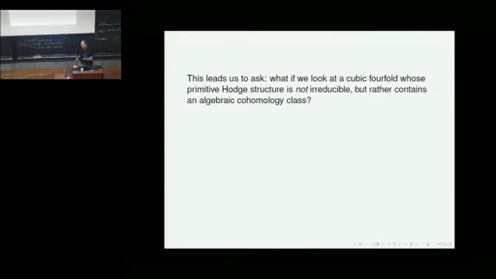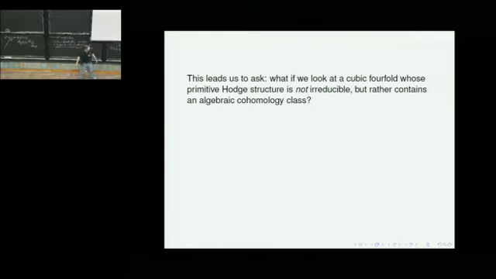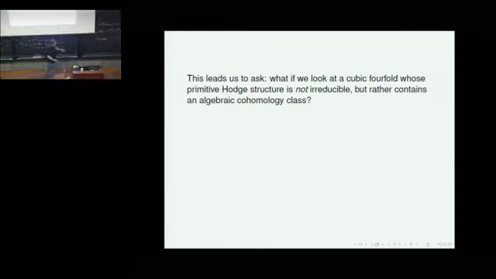But then we could ask, because Voisin assures us that all Hodge structures occur with this lattice, are there in particular cubic fourfolds whose primitive Hodge structure does contain, in this case, a rank 1 algebraic summand coming from H^{2,2}, where the rest of it, the orthogonal complement, is the Hodge structure of a K3?